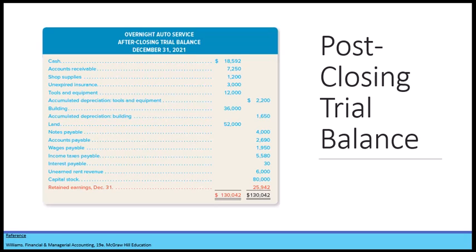Again, looks a lot like a balance sheet. If you prepare your post-closing trial balance and you have revenue and expense accounts on there, you've done something incorrectly. All right, you'll have to go back. But this is the basic procedure for closing out accounts at the end of an accounting period.